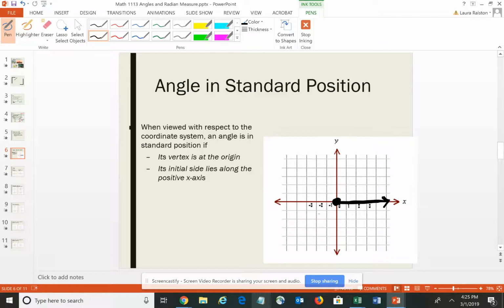And then we can rotate either clockwise or counterclockwise to create an angle and find the terminal side of the angle. Okay, so standard position, vertex is on the origin, and the initial side is on the positive x-axis, which means it's pointing to the right.